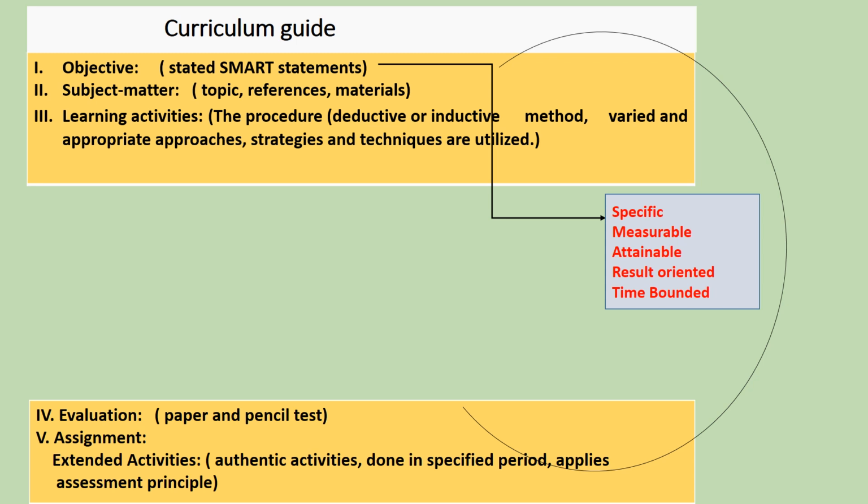You have to choose the specific, measurable, attainable, result-oriented and time-bound activities that will also be appropriate for the evaluation, in which it will really manifest the mastery of the lesson for that day. So the objective and the evaluation should always work hand in hand, reflective of what you really want the students to attain at the end of the period.